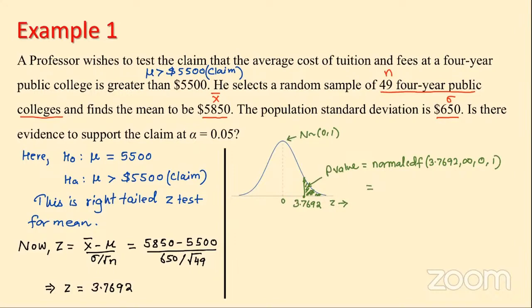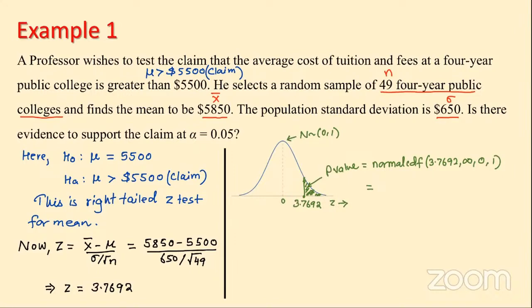I hope that makes sense, right? We have the Z value, the test value from step 2. We use that value here, and we want to find the P value, that is the area on the tail. To calculate the area or probability, we use normal CDF. Lower boundary 3.7692. We go all the way up to infinity. Mean is 0, standard deviation is 1.